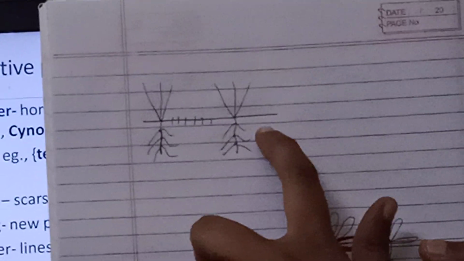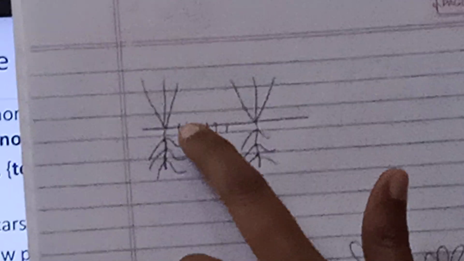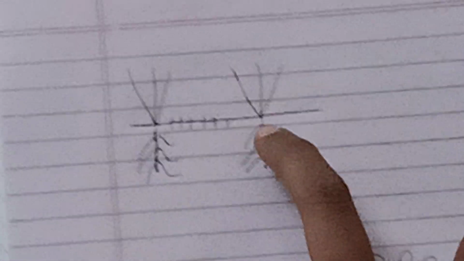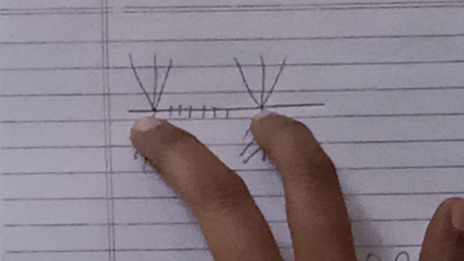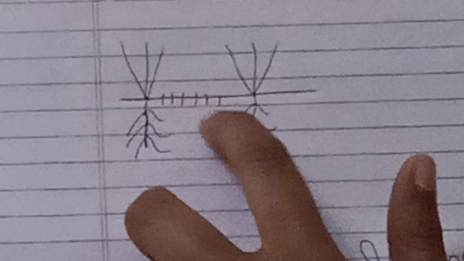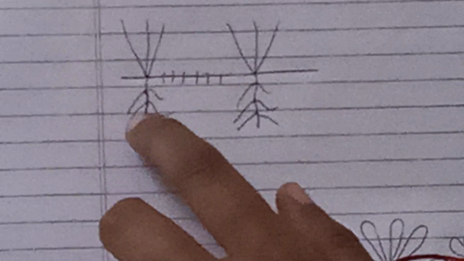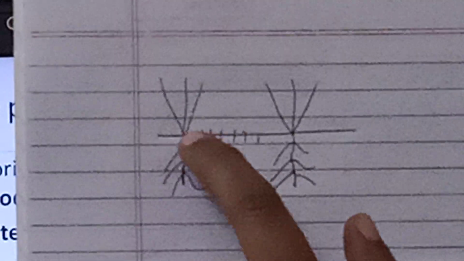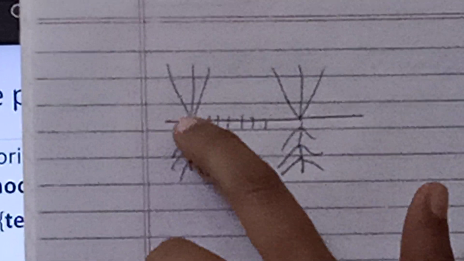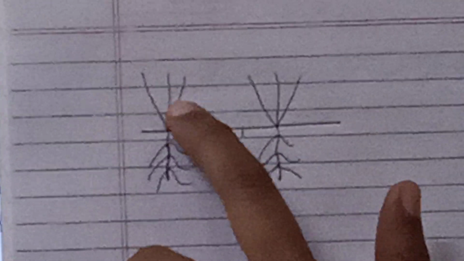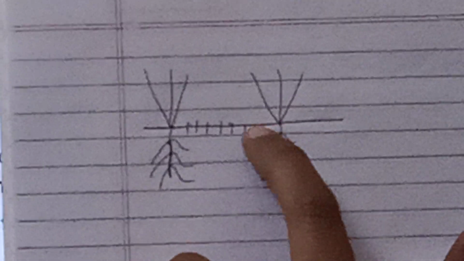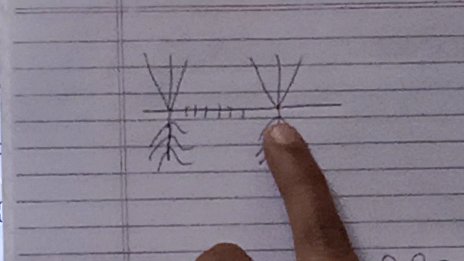There is a horizontal branch in which nodes and internodes occur. These are the nodes and between them are the internodes. This one is the root and the upper ones are the leaves. When these come in direct contact with the soil, a new plant develops from the runner.